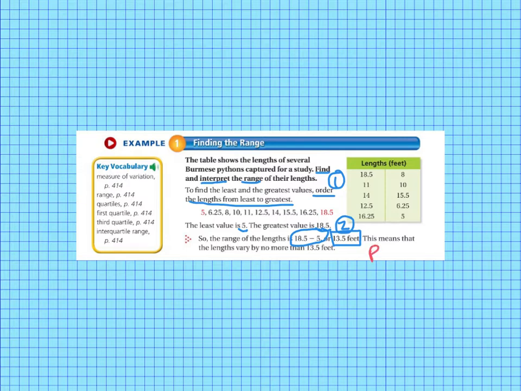So our range equals 13.5 feet. The range is always just one number. And the interpretation of the range is the sentence after it, where it says, this means that the lengths vary by no more than 13.5 feet.